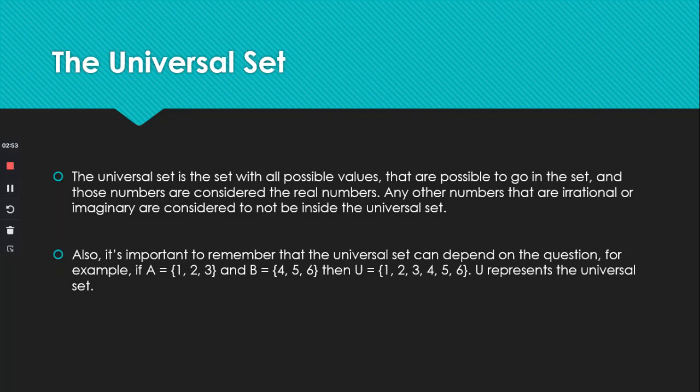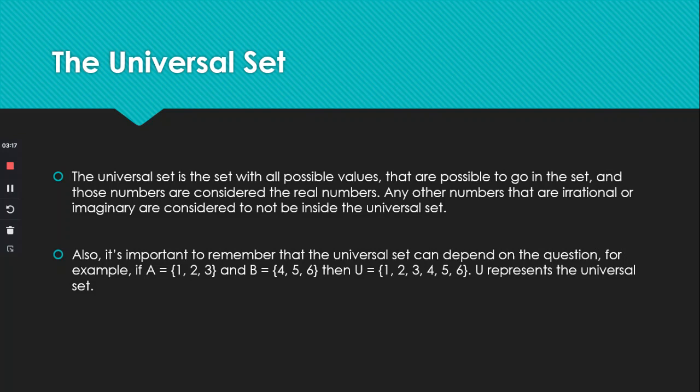There's basically almost all of them. It's one step higher from rational numbers. So we still don't have imaginary numbers of the sort. You're not allowed to have irrational numbers. Just real numbers. Any other numbers that are irrational or imaginary are considered not to be inside the universal set.